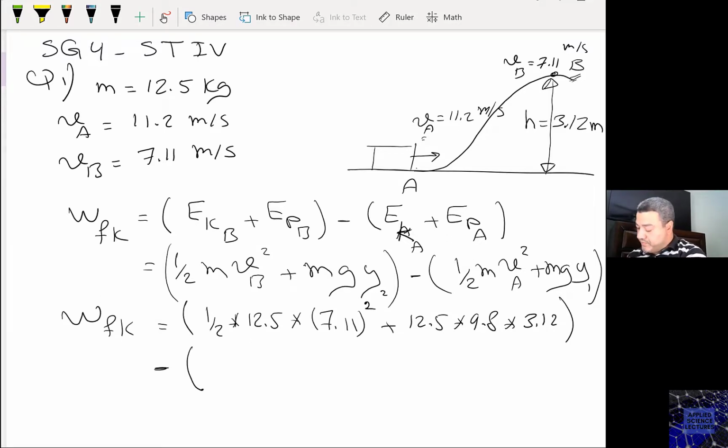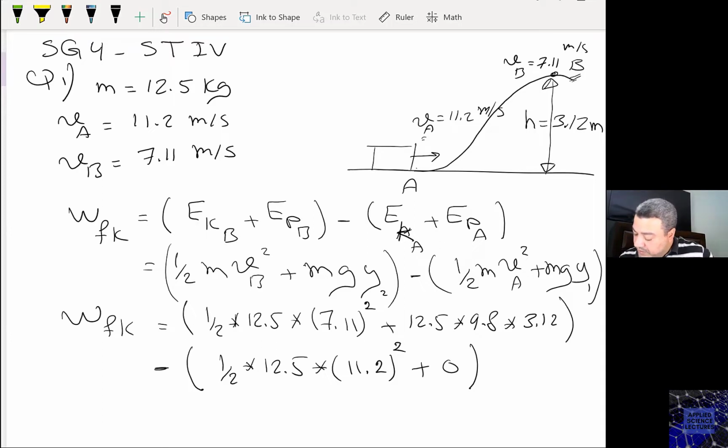For A, I have a kinetic energy here, half times 12.5 times 7.2 squared. However, the potential energy is zero because we are at the reference.